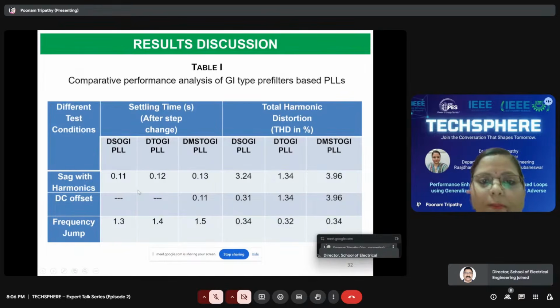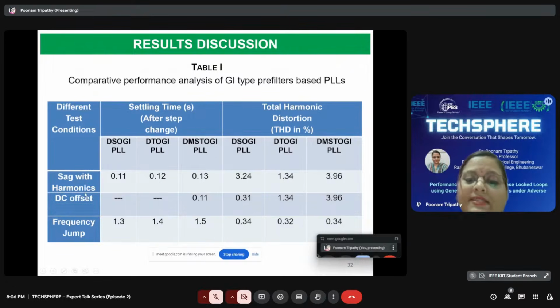So from the tabular comparison, it can be seen that though DSOGI and DTOGI PLL are capable of eliminating the effect of the sag with harmonics as well as the frequency jump case, they fail miserably under the DC offset test condition.